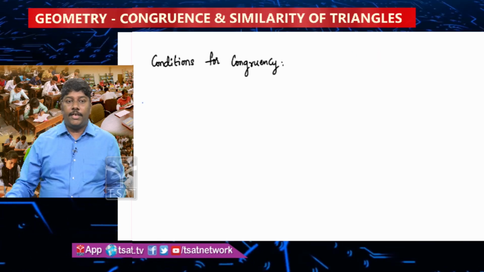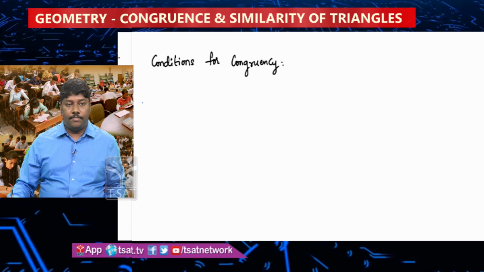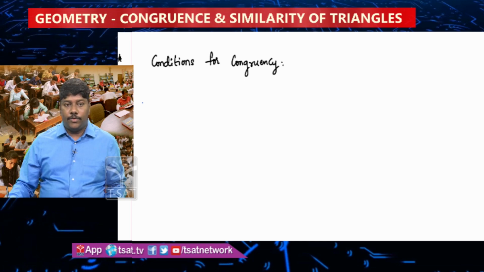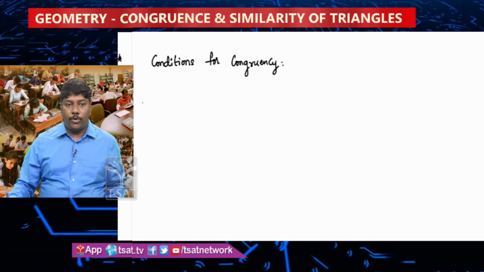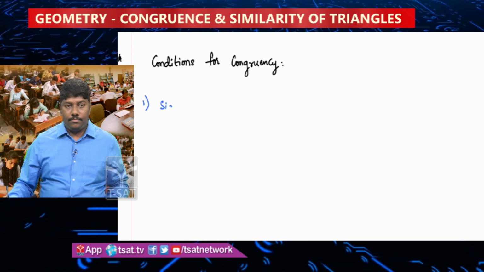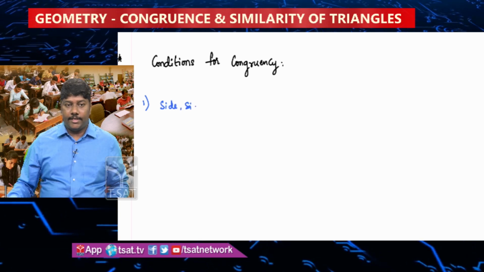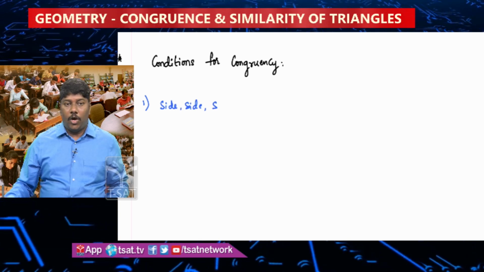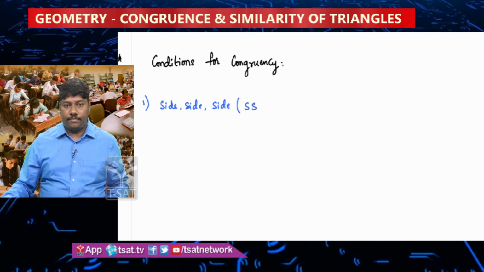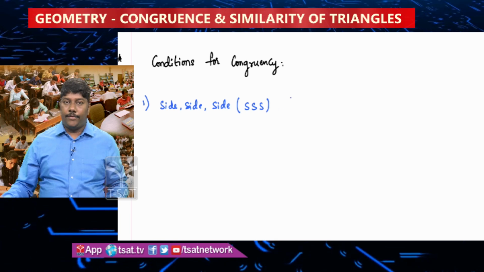Now how do you recognize that two triangles are congruent? So we say conditions for congruency. First: side, side, side. All three sides of one triangle must be equal to all three sides of a second triangle.